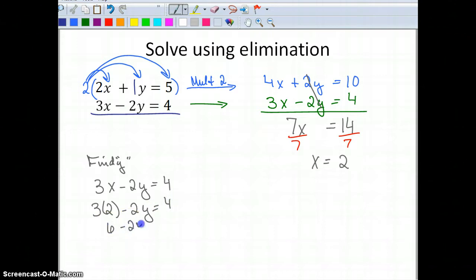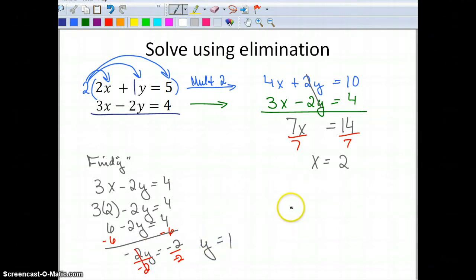So 6 minus 2y is equal to 4. I'm going to subtract 6 from both sides. So I have negative 2y is equal to negative 2. Divide both sides by negative 2. So I have y is equal to 1. So my solution for this one is the point 2, 1.